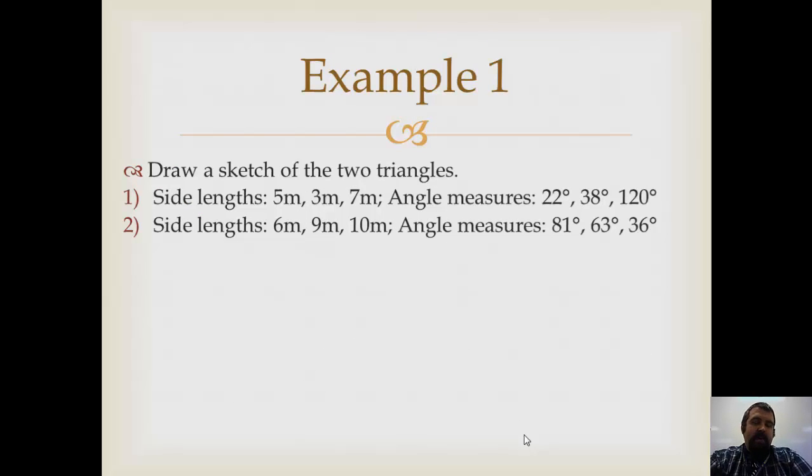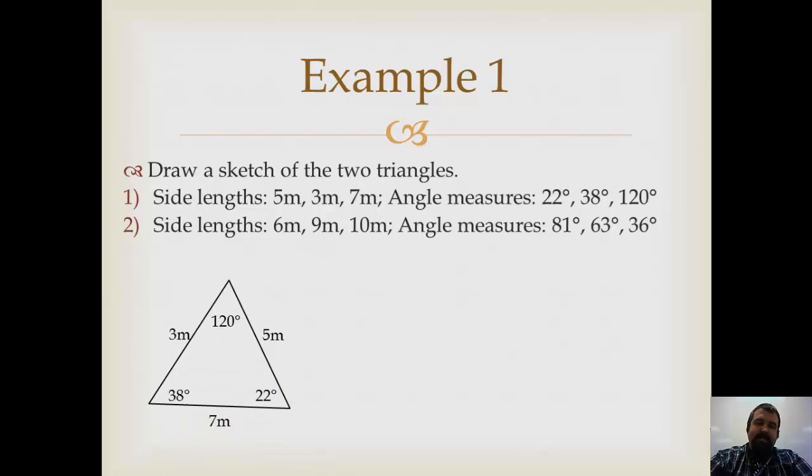An example here. I want you to draw a sketch of two triangles. I'm going to give you the side lengths and the angle measures. And using this knowledge that angles and sides have to match up, you should be able to draw these shapes. The first one I drew like this. 3, 5, and 7.